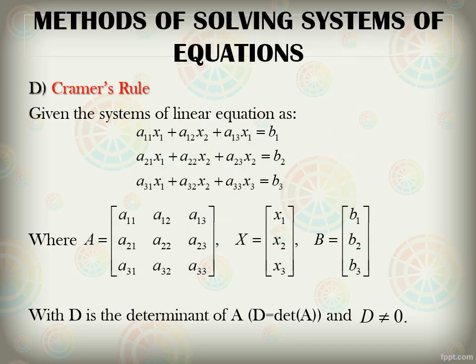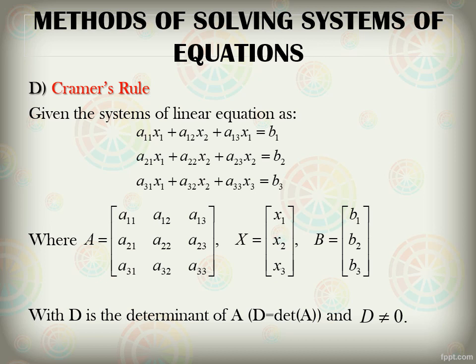The last method is Cramer's rule. I have explained previously that the idea for Cramer's rule is using the determinant way. But for the first steps, it is similar to the three previous methods.